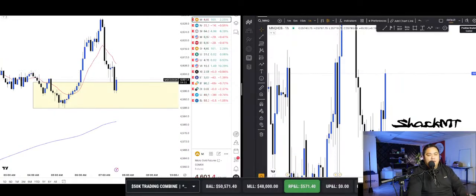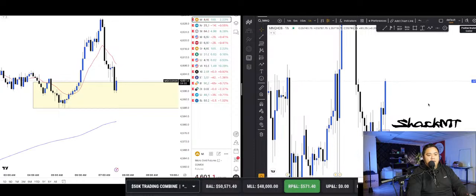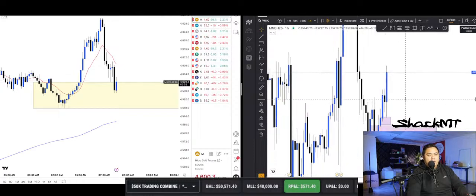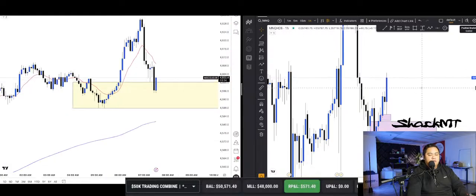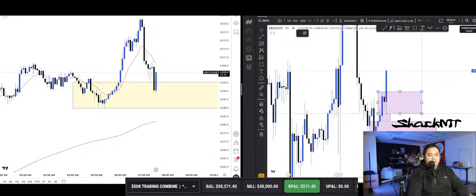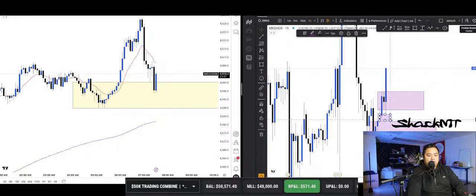Very risky. Obviously didn't take it on the funded accounts, but now we're going to clean up the charts and just look at the current 1 hour demand right here. Okay, so we got a 1 hour demand here.